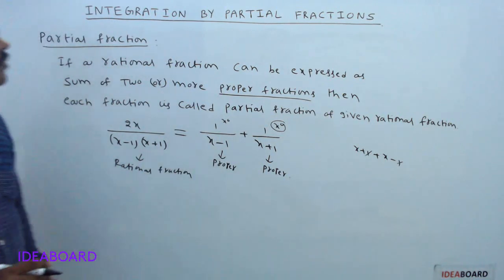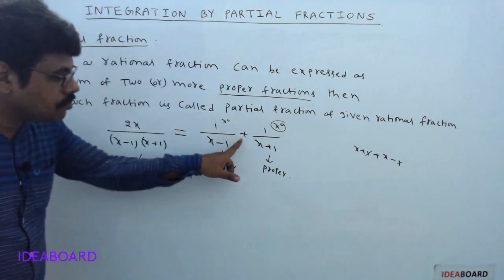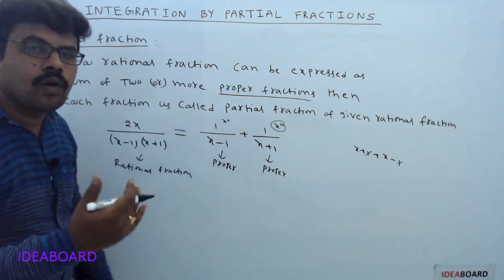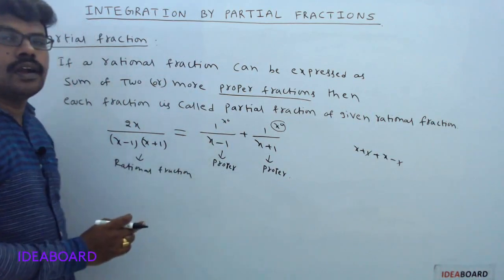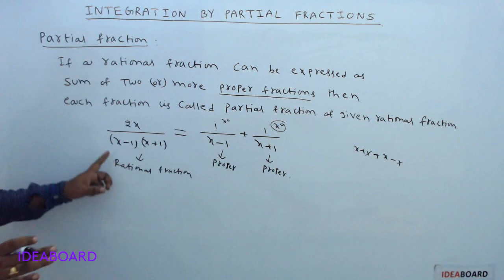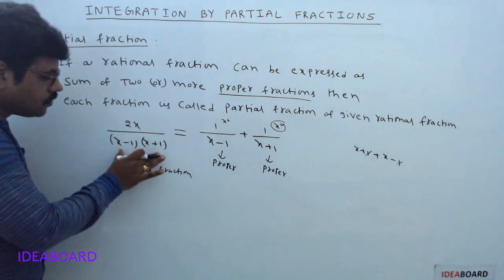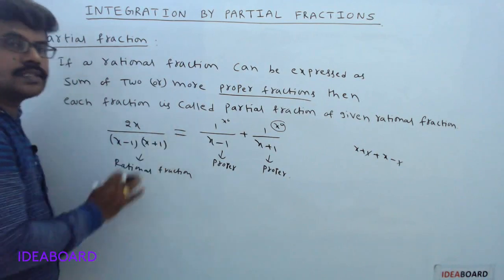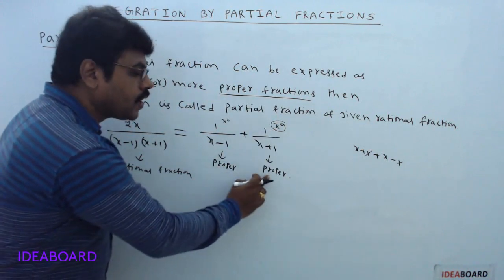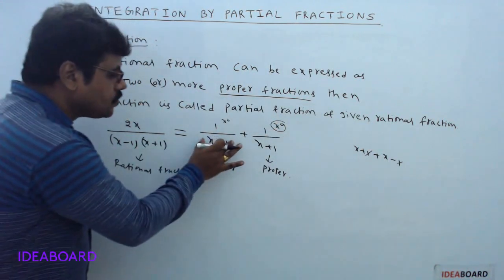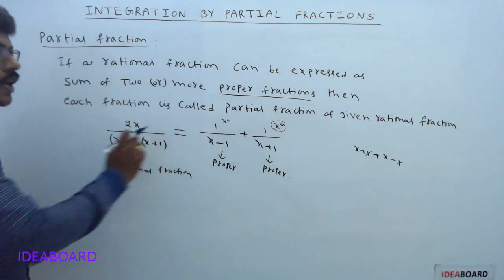Now what is the definition? If a rational fraction can be expressed as a sum of two or more proper fractions, then each fraction is called a partial fraction of the given rational fraction.